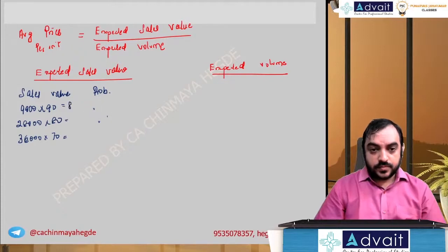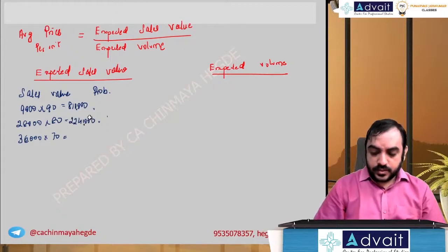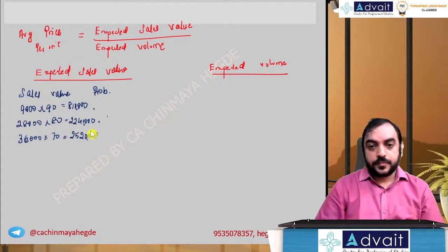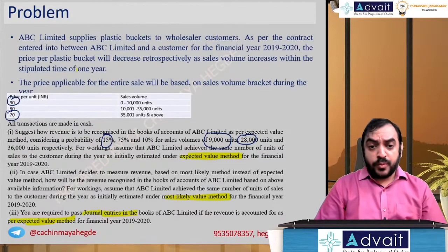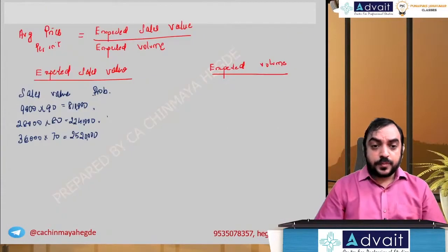And 36,000 into 70, 25 lakh 20,000. Okay, and what is going to be the probability? 15%, 75%, 10%. Let's do a product.